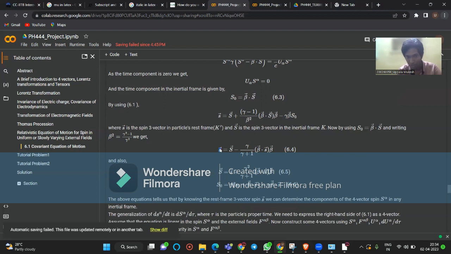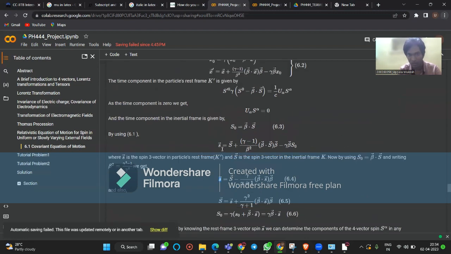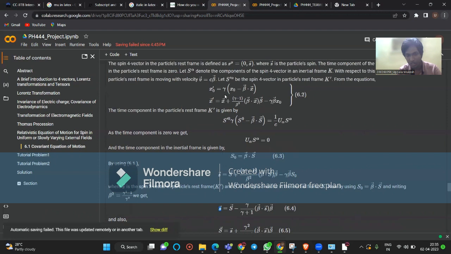Here, small s bar is the spin of the electron in the inertial frame K prime, and here capital S bar is the spin of the electron in the inertial frame K. Sorry, it's a mistake: here s naught prime gamma should be equal to s naught minus beta bar dot s bar, equal to 1 by c into u alpha s alpha.